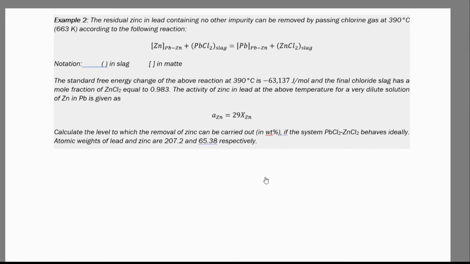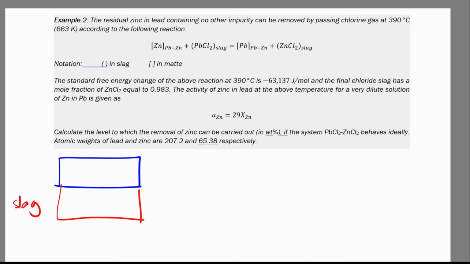Definition of terms. You have your mat and your slag. This is your slag on top, and the one at the bottom is your mat.